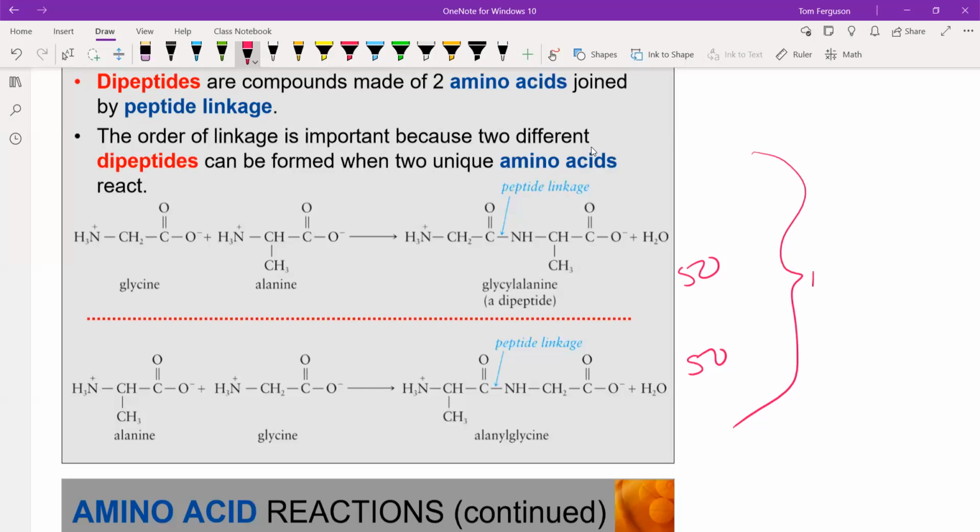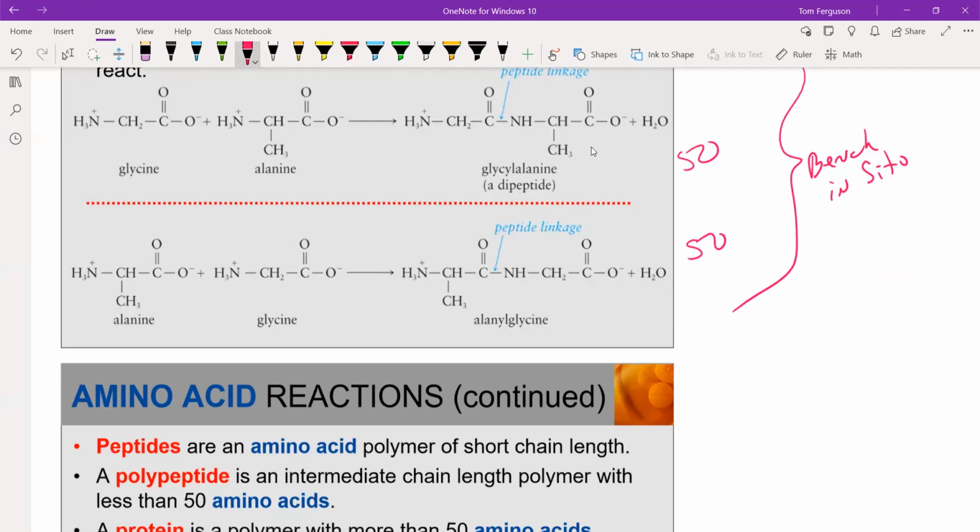That would be on the bench, or in situ. If we do it enzymatically, we get 100% of one or the other.